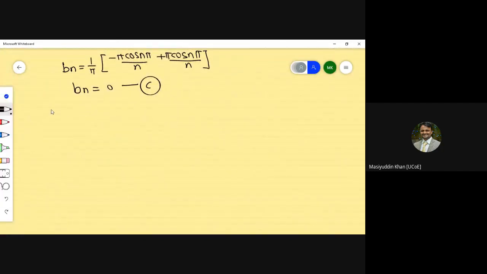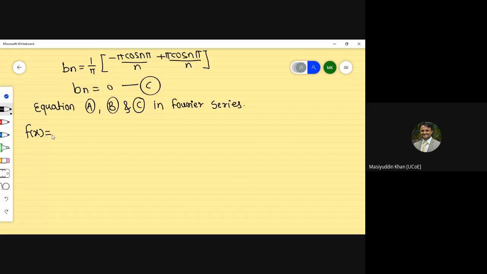So equations A, B, and C in Fourier series. Therefore f of x equal to a0, how much is a0? A0 was pi by 2, if you remember. So we write it directly here, a0 is equal to pi by 2.